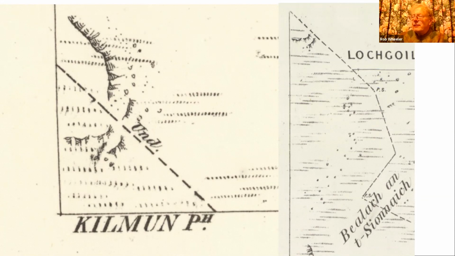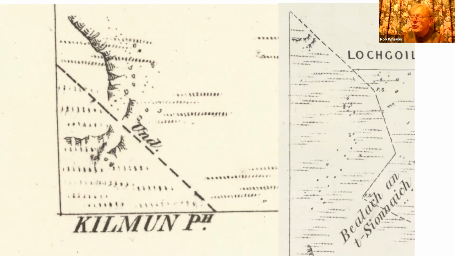It may be irrelevant, but Lochgoilhead and Kilmun both have area books in two editions. In 1868, the intention was that nothing anywhere near the spot of moorland I've just showed you was to be surveyed at 25-inch. In particular, Lochgoilhead had only a single 25-inch sheet covering the village.